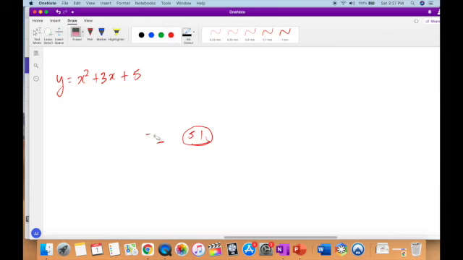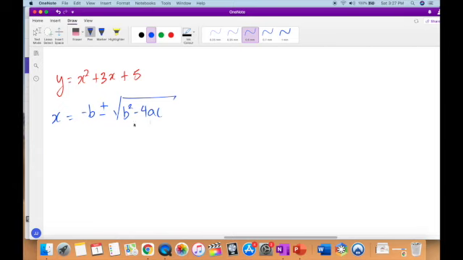So, when I am met with these crazy pieces of madness here, I like to use my quadratic formula. x is equal to minus b plus or minus the square root of b squared minus 4ac all over 2a. I want you guys to use the quadratic formula, and remember what the quadratic formula is giving you.